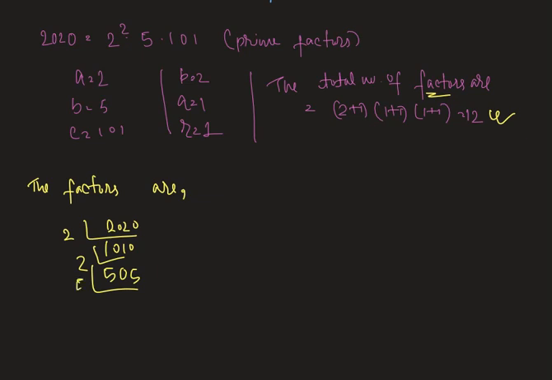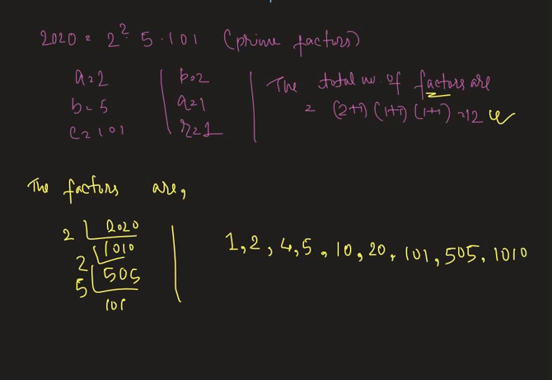Okay, so the factors are 1, 2, 2 multiplied by 2, 4, then 5, then 5 multiplied by 2, 10, 5 multiplied by 2 into 2, 20, then 101, then 505, then 1010, and lastly the number 2020. So in total there are 12 factors.